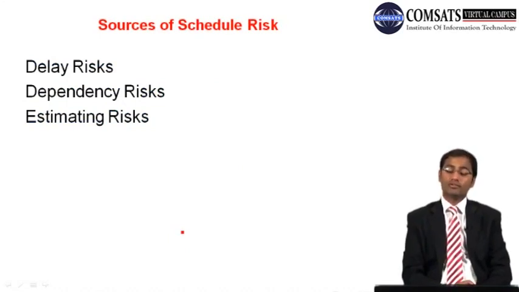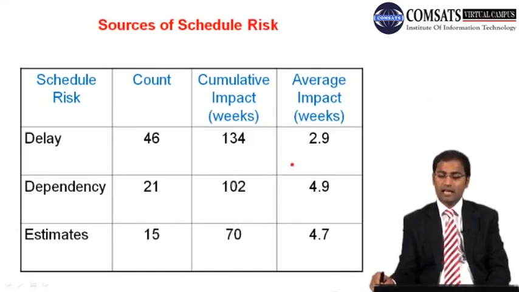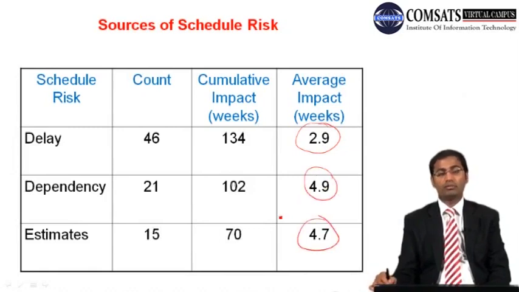Similarly, there are sources of schedule risk as well. There are delay risks, there are dependency risks, and there are estimating risks. From one source in the literature, one study has shown that delay risks have contributed an average of 2.3 weeks, dependency risks contribute about 5 weeks, and estimates contribute about 4.7 weeks.